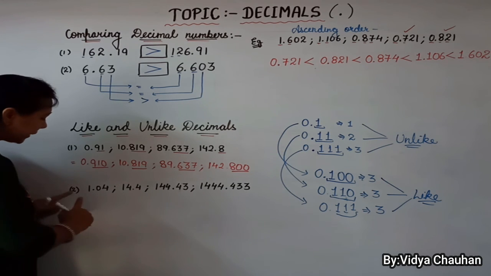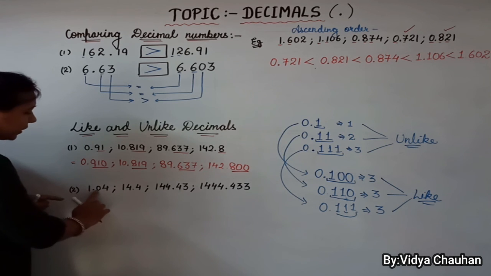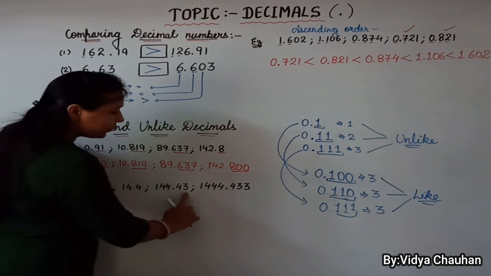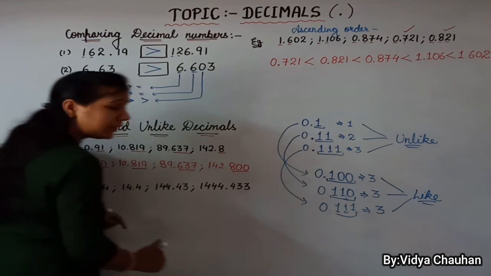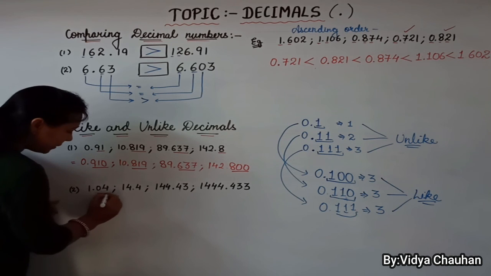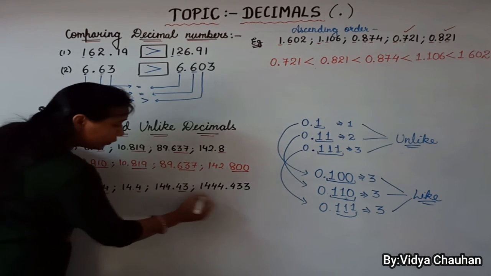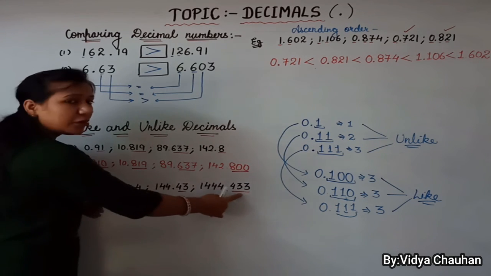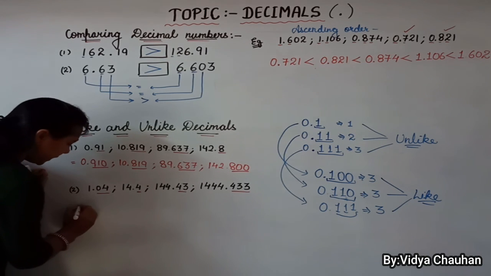Let's take one more example. The first number is 1.04, then 14.4, 144.43 and 1444.433. Let's count the number of decimal place values: 2 here, then 1, 2 and 3. Once again, since the maximum number of decimal place values is 3, we will convert everything into 3 decimal place values.